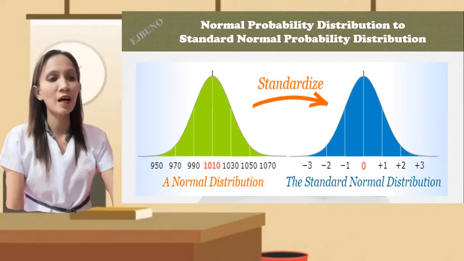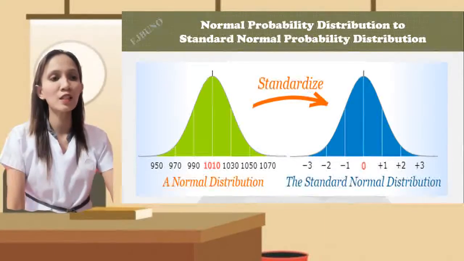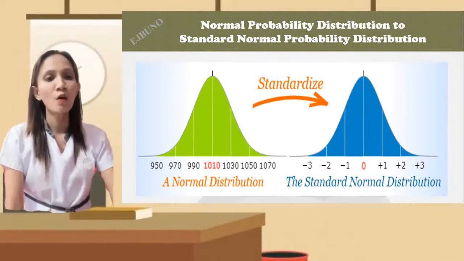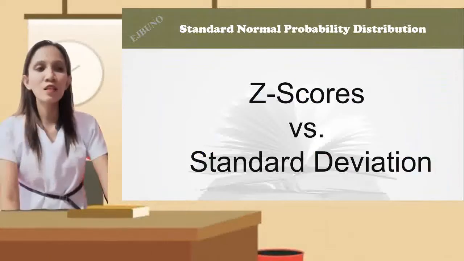And here is a graph of a normal distribution being standardized, or converted, to the standard normal distribution. In the normal distribution, you can see below the value of the data x, while in the standard normal distribution, you can see below the z-score. Z-scores versus standard deviation.